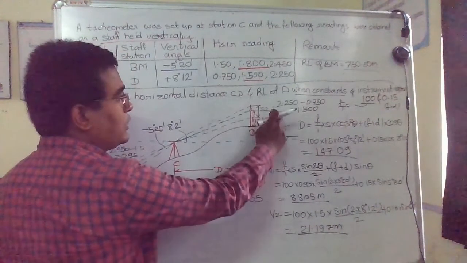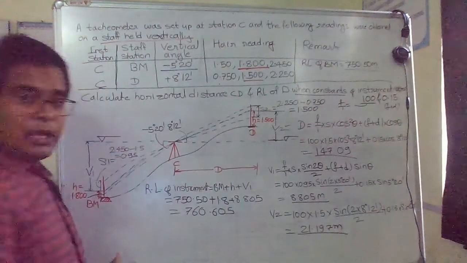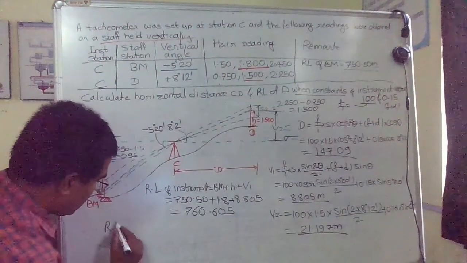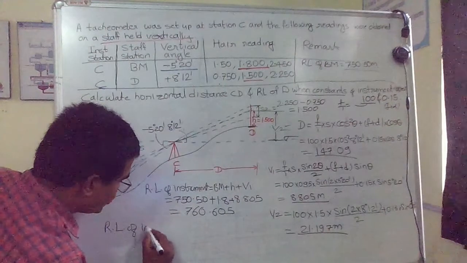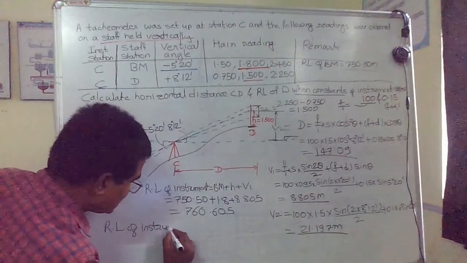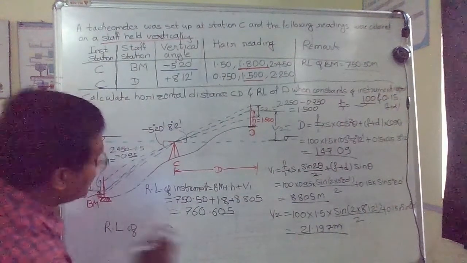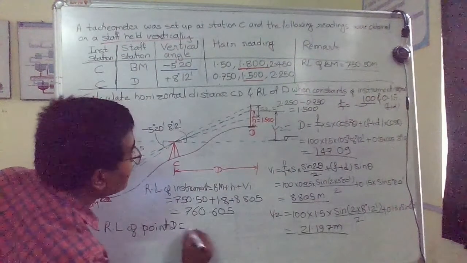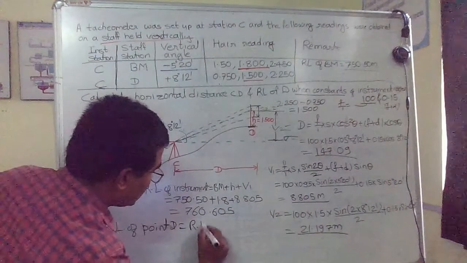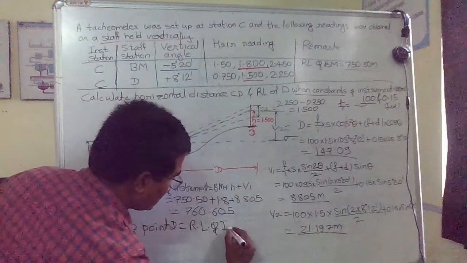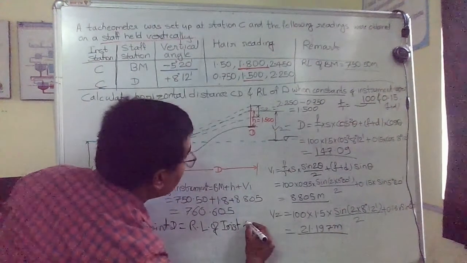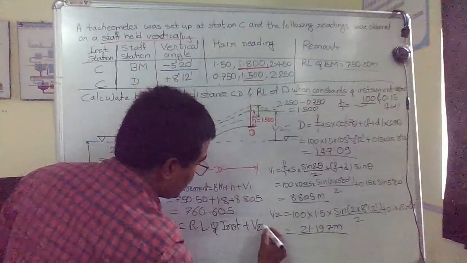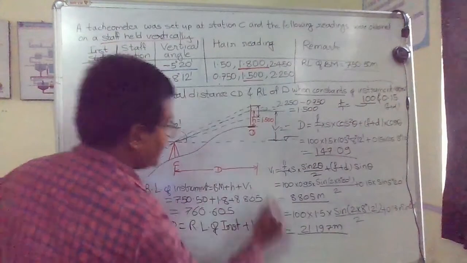To that we have to add V2 and then we have to subtract this value H. So again we can write down RL of point D is equal to RL of instrument axis plus V2 minus H.